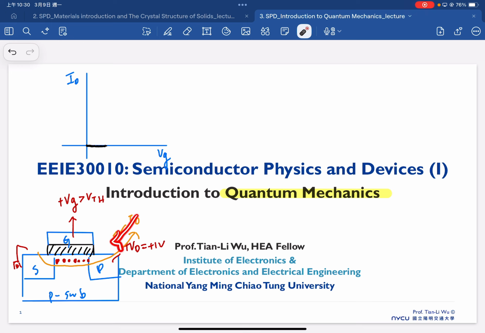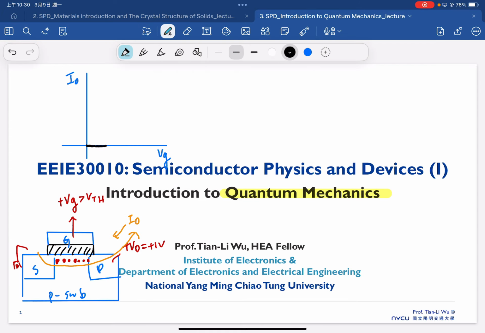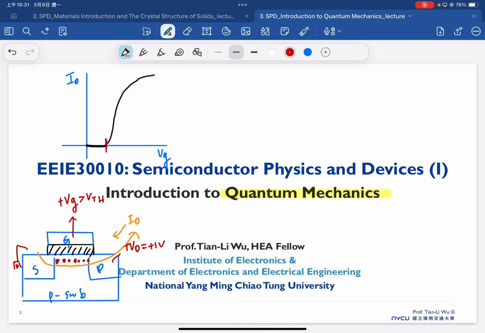So we consider this kind of characteristic, so we can understand that once the gate bias is large enough, beyond a certain critical number, we can start to see the current increase, and this critical voltage we call the threshold voltage, VTH here.